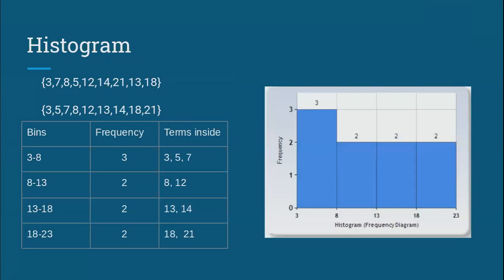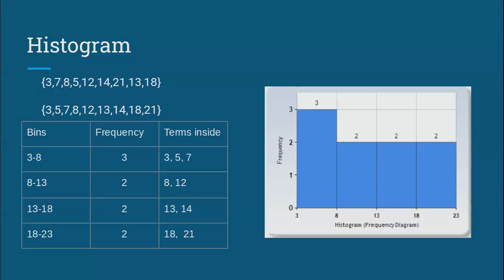Okay, so the bins are across the bottom, and you see the endpoints, 3, 8, 13, 18, and 23. And each bar represents what is happening in that bin, or in that grouping between 3 and, since all of these are whole numbers, between 3 and 7.